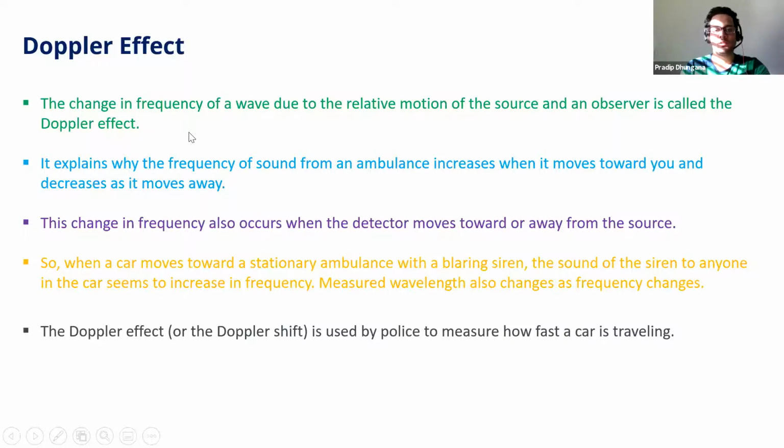It explains why the frequency of sound from an ambulance increases when it moves towards you and decreases when it moves away. I want to make one thing clear.